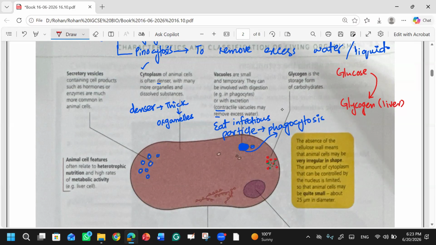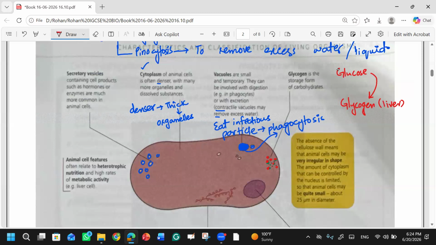Just like if you have money and you go to the market, half of the money is used and half is left behind, you will not waste it. You will keep it for the future. Just like that, glucose is the energy currency of our body. It gives us instant energy.